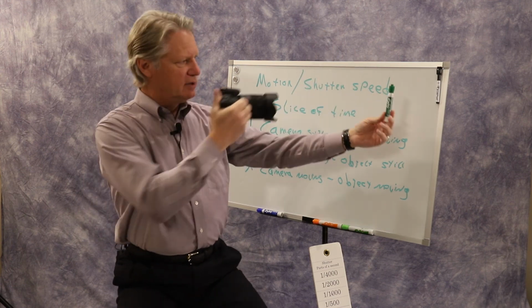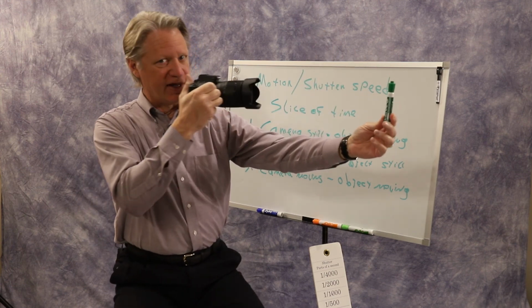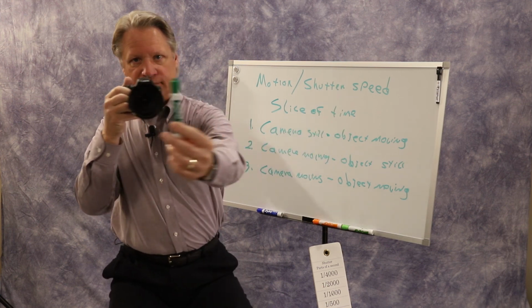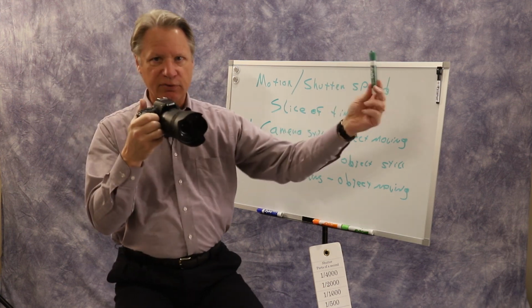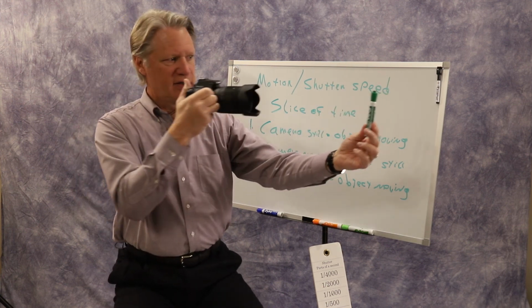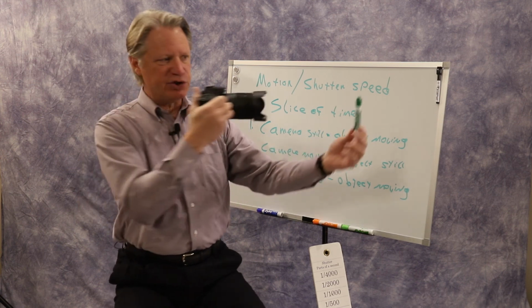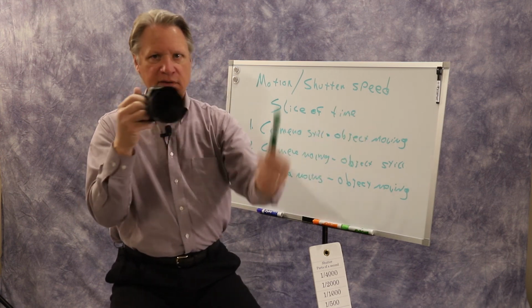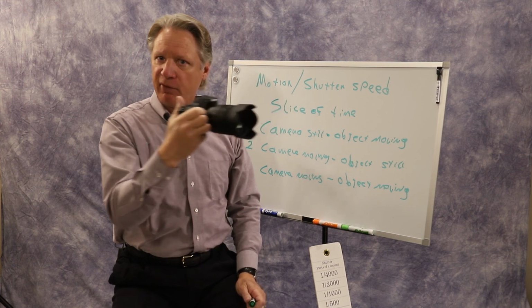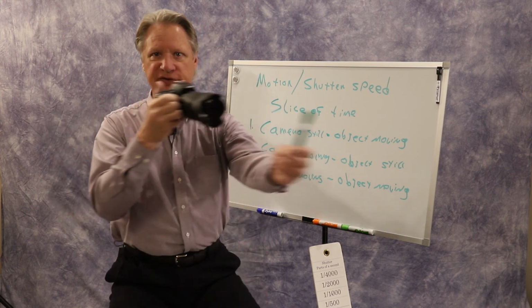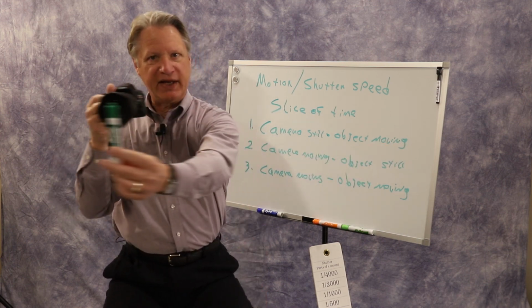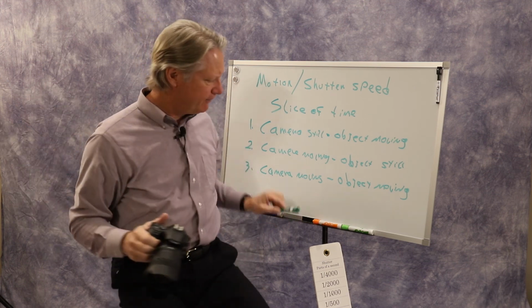This is the bicycle. And you're following them with the camera as they're moving. So that's object moving, camera moving. This is what's called a pan shot, because you're panning the camera with the object as it moves. So you're following it, right?